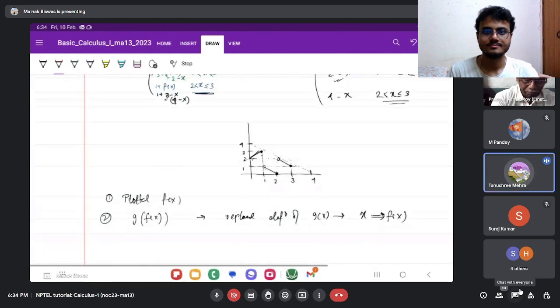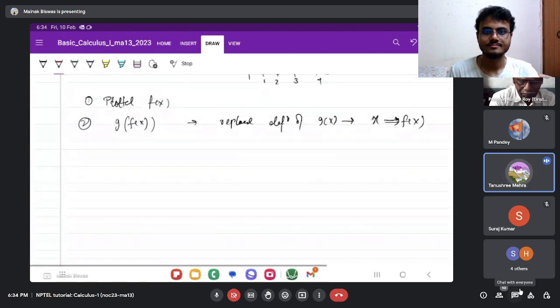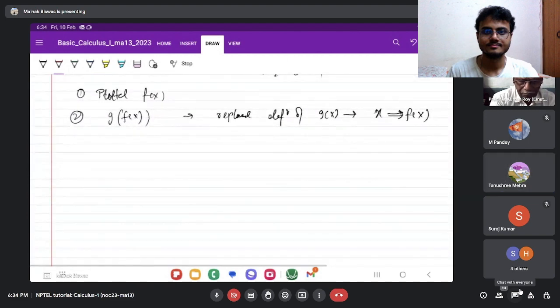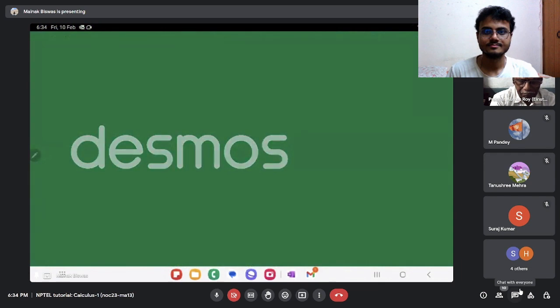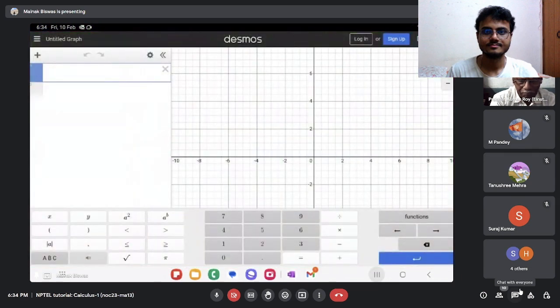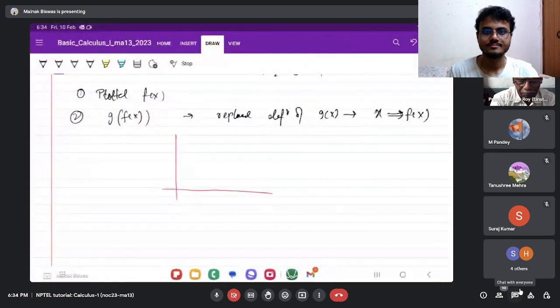Yes, sir. A bit of it I understood. The first graph. Yeah, the first graph you understood, right? So let's redraw the first graph again. So can you tell me what were the regions? So it's between 0, 1, 2 and 3.